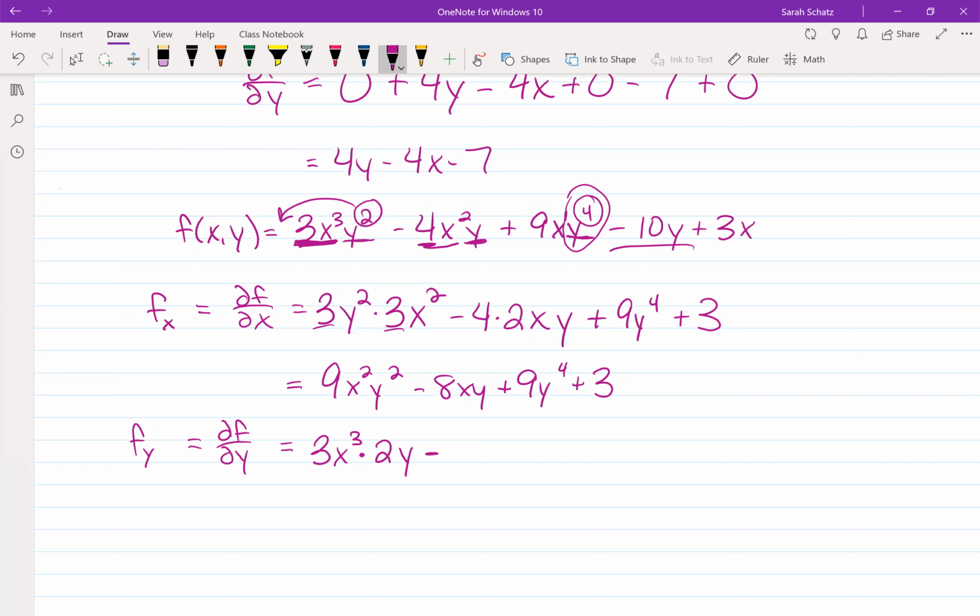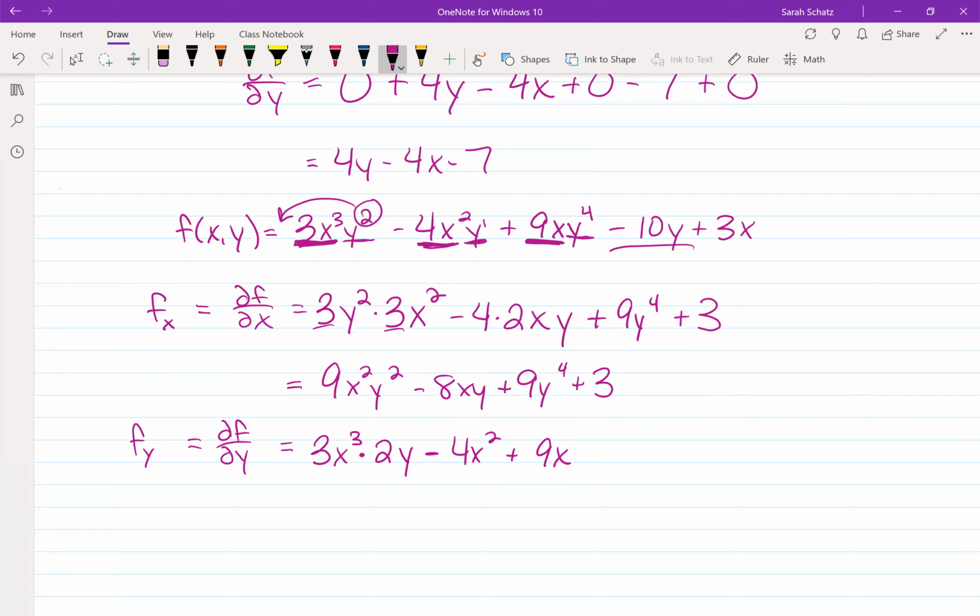Minus, remember, this whole thing, 4x squared, is now just a coefficient of y. And because it's y to the first, all that comes down is that coefficient. Now I finally get to deal with this fourth on the y, because y is not a constant anymore. But you guys, the plus 9x is a coefficient, so it comes along.